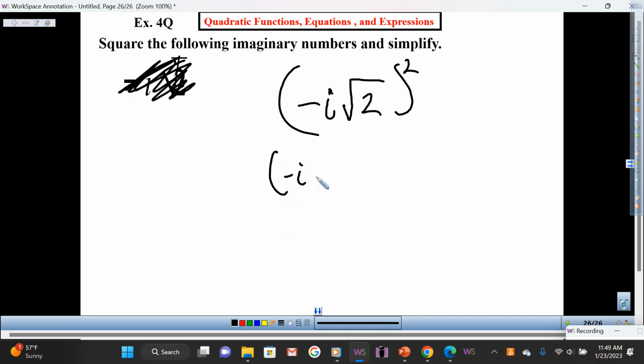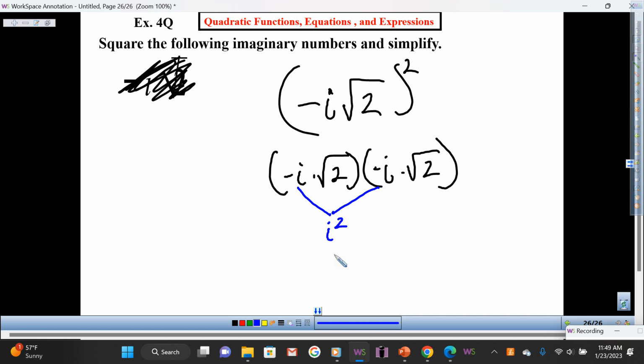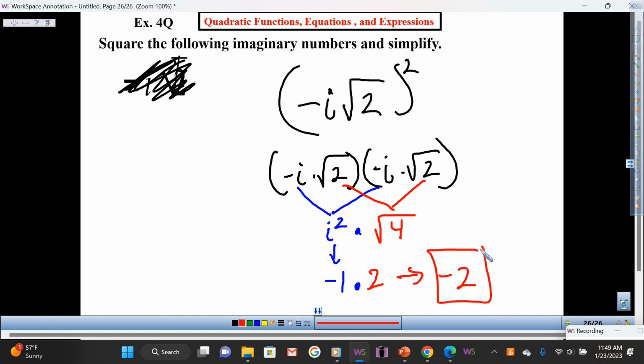Negative i times square root of 2 times negative i times square root of 2. All right, here we go. What is negative i times negative i? i squared. What is i squared? Negative 1. Okay. Next. What is square root of 2 times square root of 2? Square root of 4. What is square root of 4? So negative 1 times 2, that's negative 2.